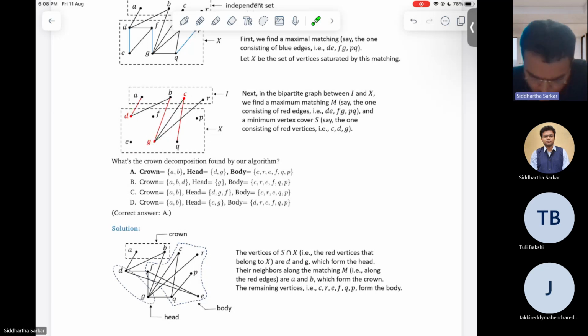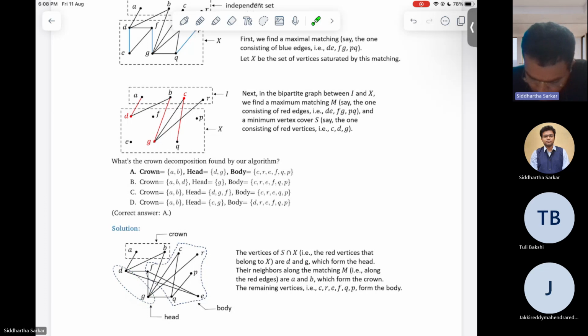So here S is these three red vertices C, D, and G. So X contains all these six vertices. So S intersection X is nothing but D and G.